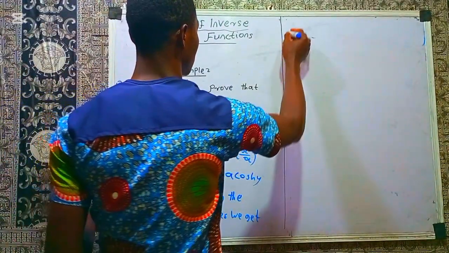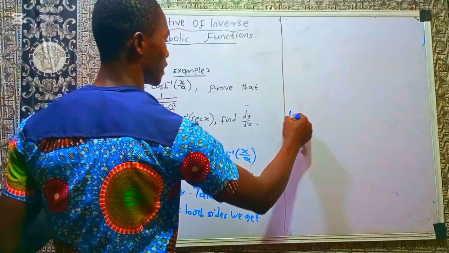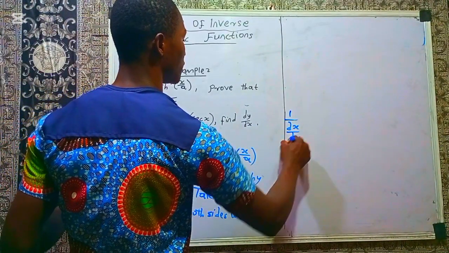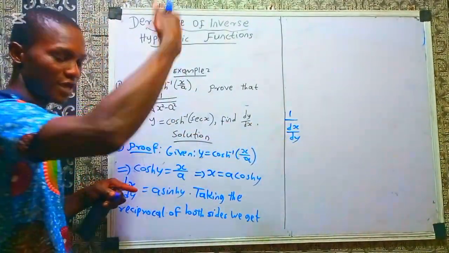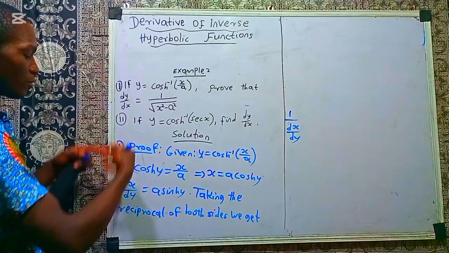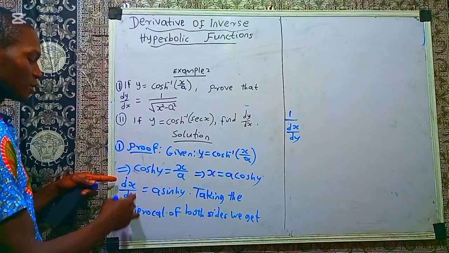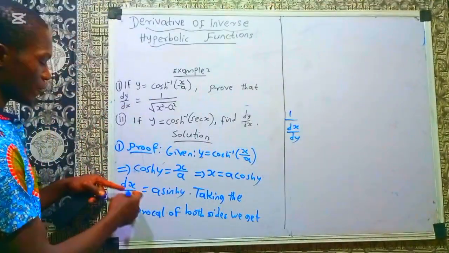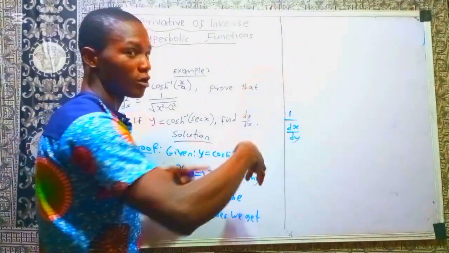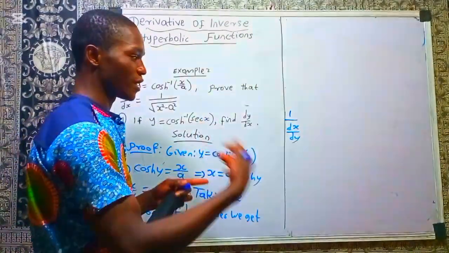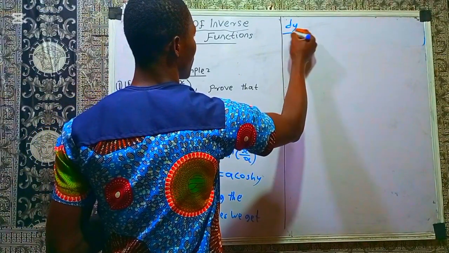So we take the reciprocal of this, that's 1 over dx/dy. Whenever you take the reciprocal of a fraction, that's 1 over a fraction, the fraction reverses. The denominator will come up, while the numerator will come down. So the y will come up, while the x will come down.